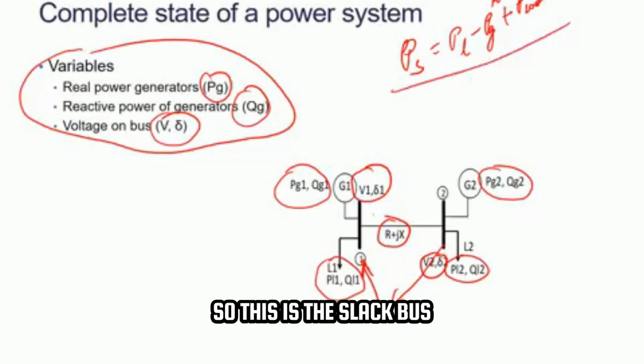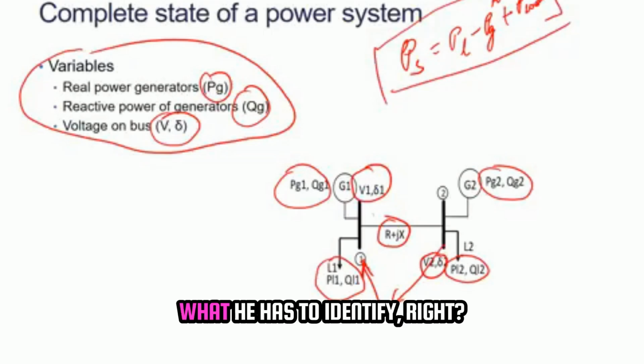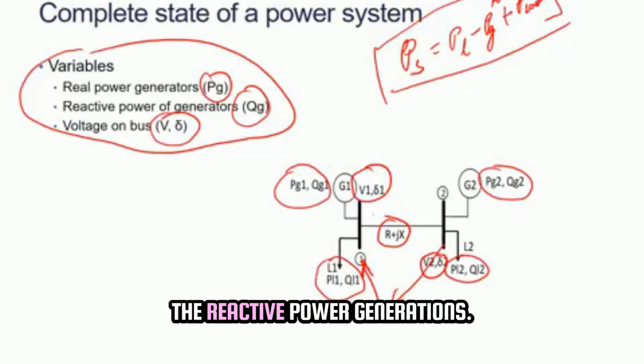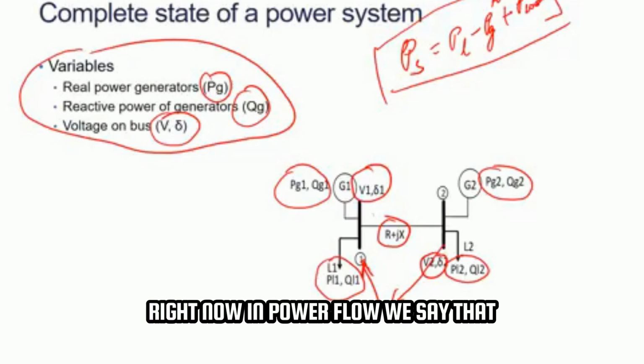So this is what the slack bus has to identify. In a power flow, we want to know the voltages and angles. Second, we want to know the reactive power generations. And third, we want to know the slack bus generation power. Right.